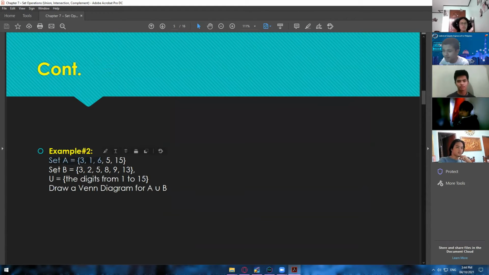So we have this set A and then set B. We have these elements for set A and elements for set B. And then the U is the digits from 1 to 15. Okay, and the same, draw a Venn diagram for A union B. So all we need to do is combine all of their elements.